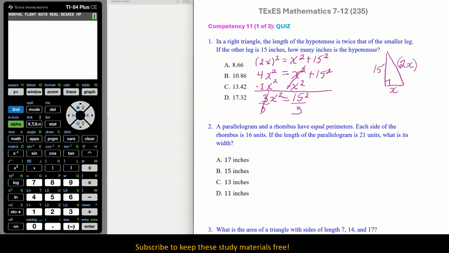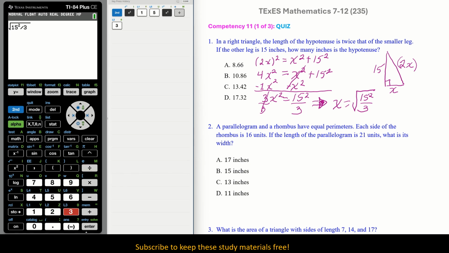If we want x on its own, we need to put under the radical 15 squared over 3. So let's put that in the calculator and see what happens. So second radical, 15, square it, divide by 3, push enter.